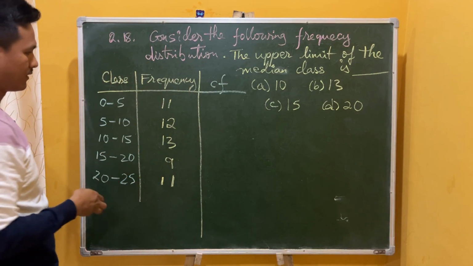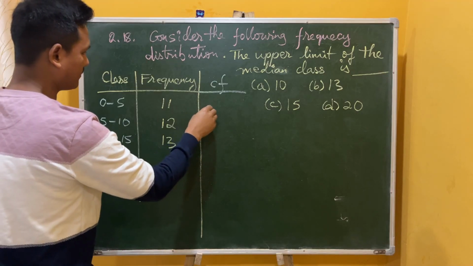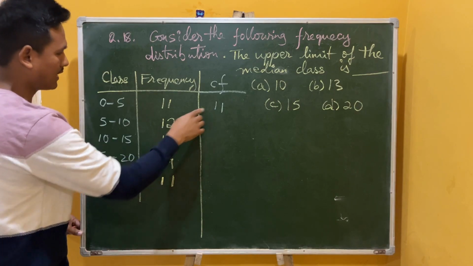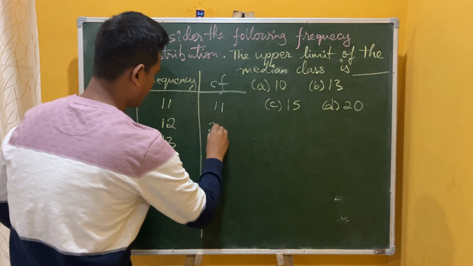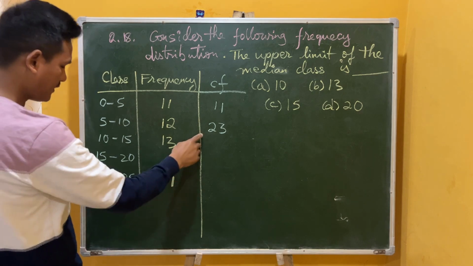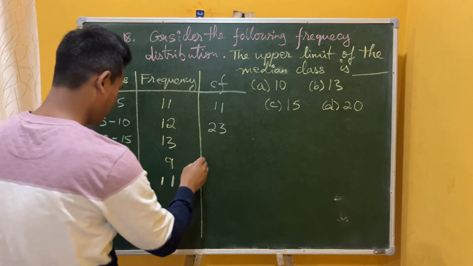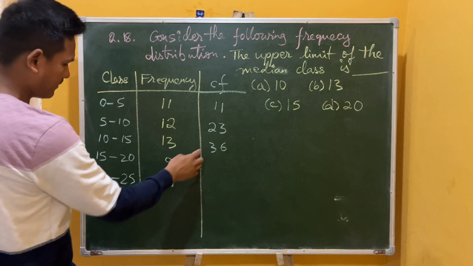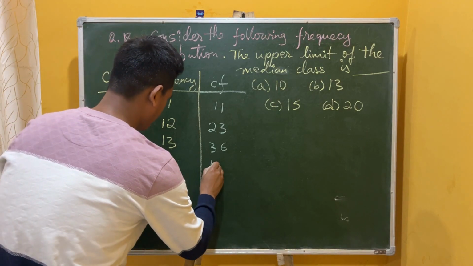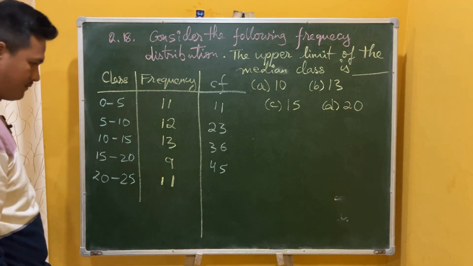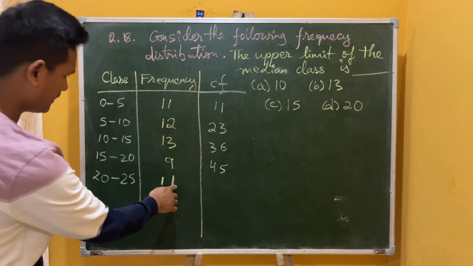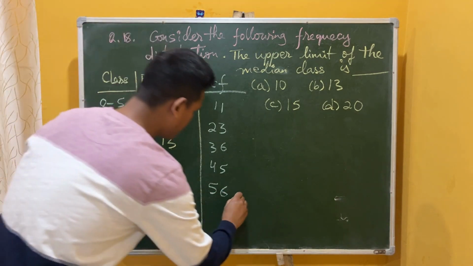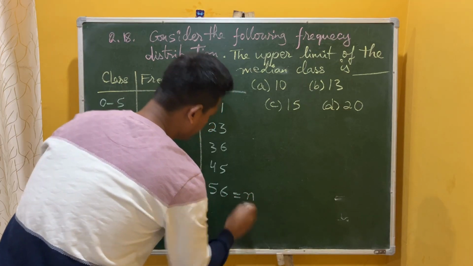How do we calculate? The first data is this only, 11. Second, we add 11 plus 12, which is 23. 23 plus 13 is 36. 36 plus 9 is 45. And 45 plus 11 is 56. This is your total number of observations, n.